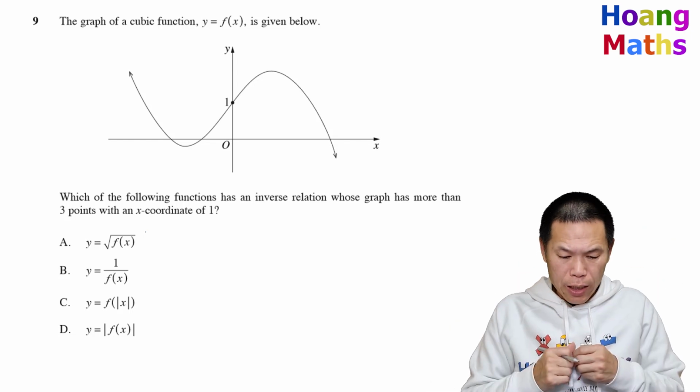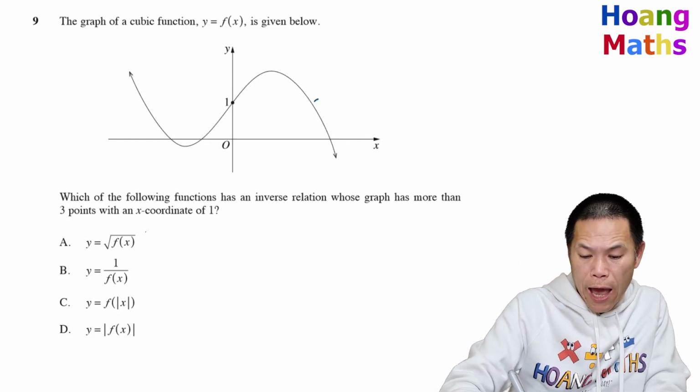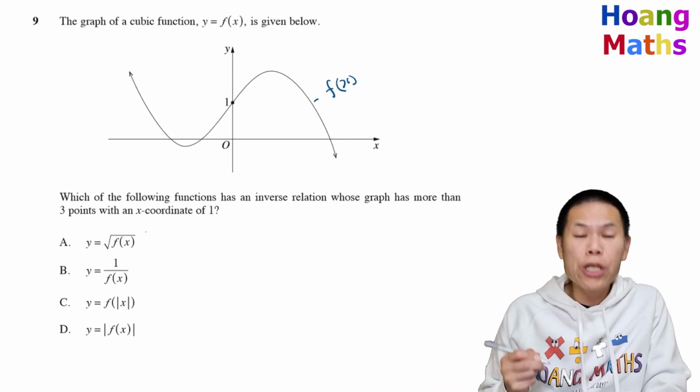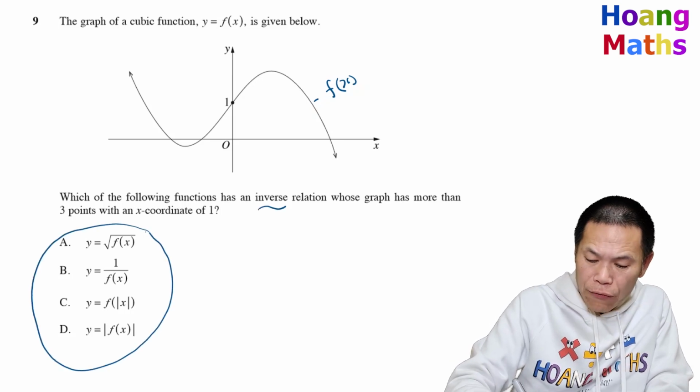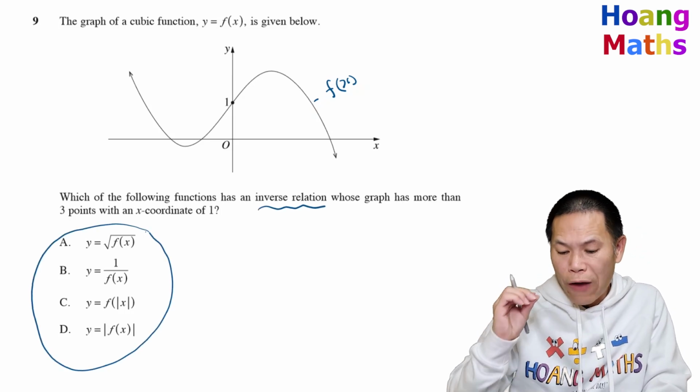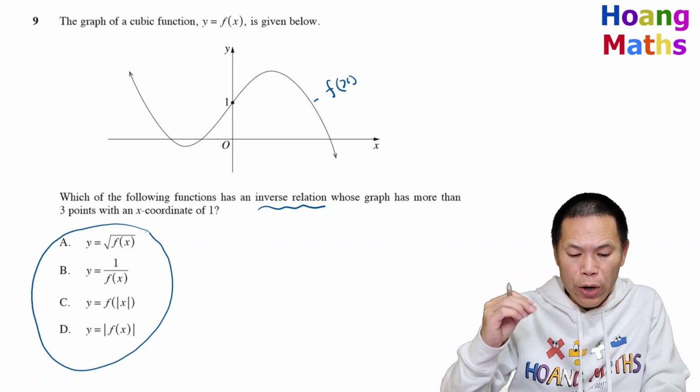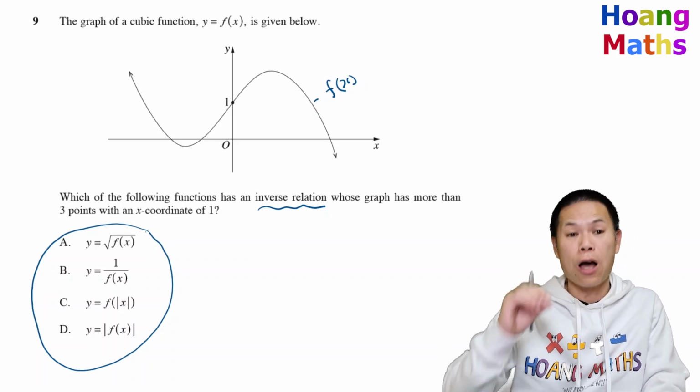Question 9. The graph shows f of x. We need to work out which of these functions has an inverse relation whose graph has more than 3 points with an x coordinate of 1.